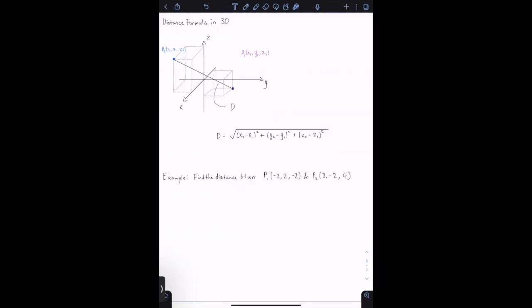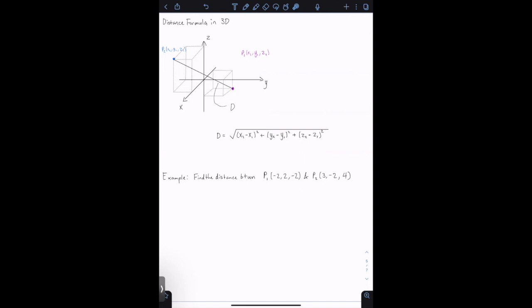All right, so the next topic I want to talk about in 3D is the distance formula. We know that we can find the distance between 2 points in 2D by just using the Pythagorean theorem. If we draw a right triangle between the 2 points, we can find the distance. But in 3D, you can do the same thing.